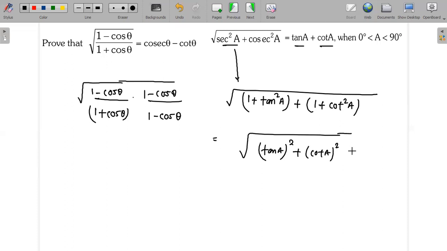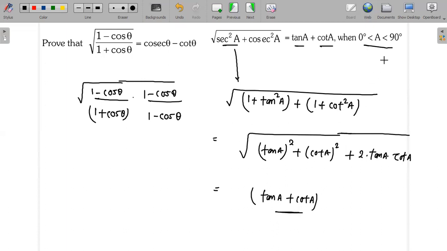Since 2ab is nothing but 2 times tan A times cot A, and there isn't any such term there, note that tan A into cot A will give you 1, and this will help you understand that this expression is nothing but the square of tan A plus cot A. Once you take the square root of the square of tan A plus cot A, you will get the result. You don't have to worry about the sign, because here A lies in quadrant number 1, where both the angles will be positive.